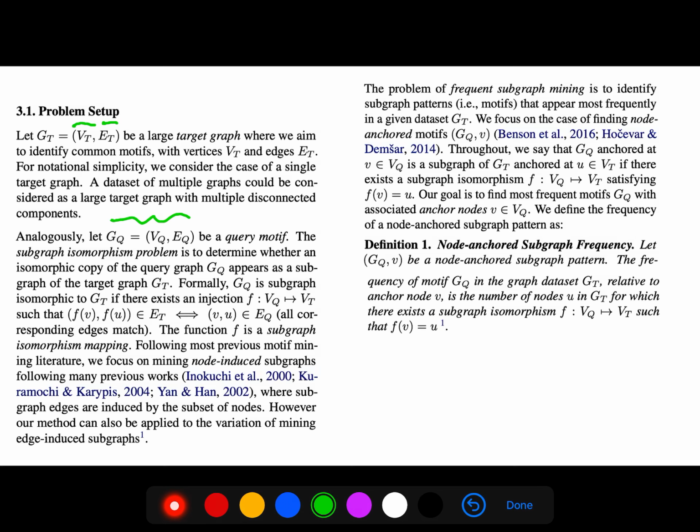The subgraph isomorphism problem is to determine whether an isomorphic copy of the query graph appears as a subgraph of a target graph G sub T. And this definition is important. The frequency of motif G sub Q in the graph dataset relative to anchor node is the number of nodes U for which there exists a subgraph isomorphism.